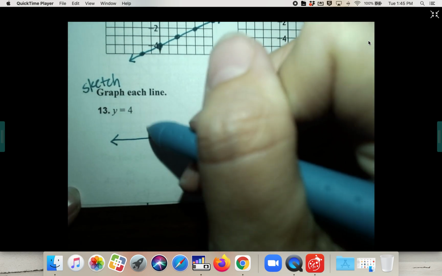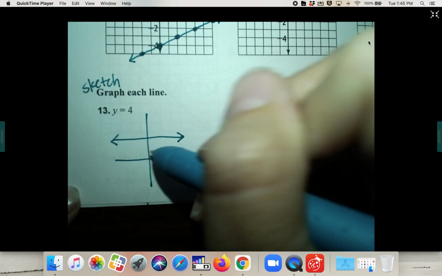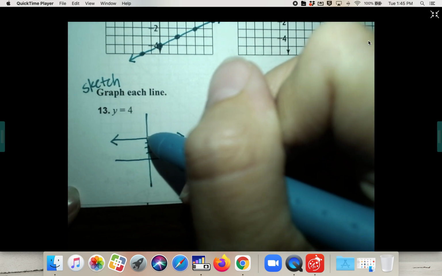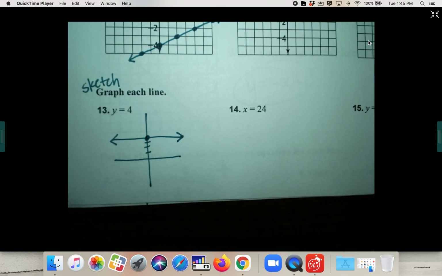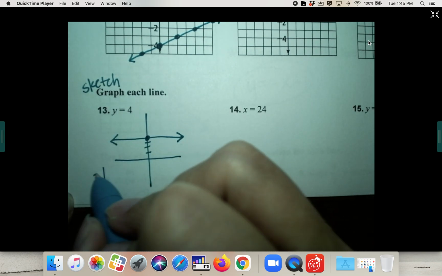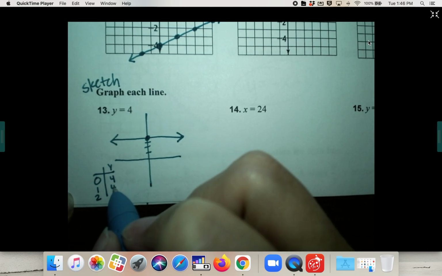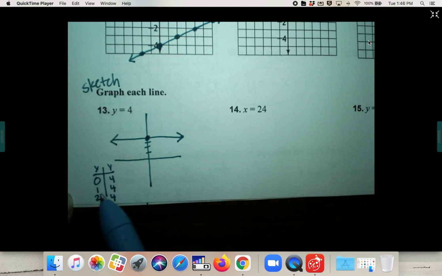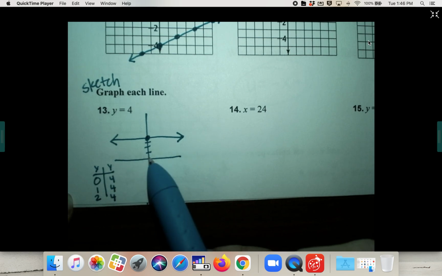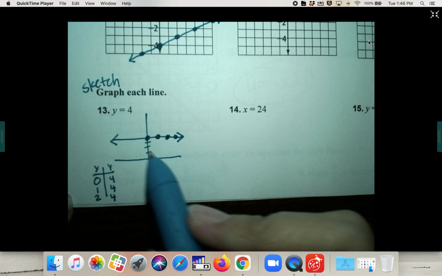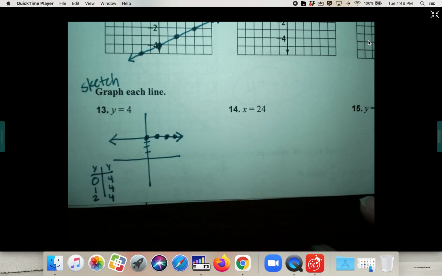And if you forgot, y equals 4 means that if you made a table of 0, 1, 2, all of the y values would be 4. So if you went to graph this, 0, 4, 1, 4, 2, 4, 3, 4, and so on. So it would be a horizontal line on the 4.